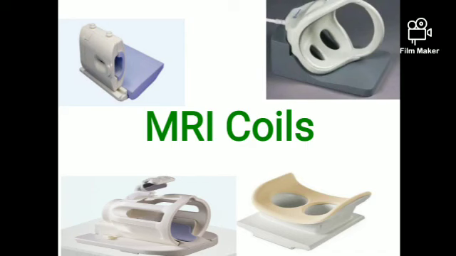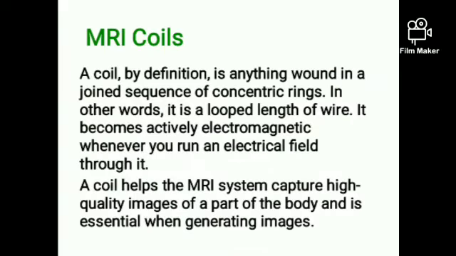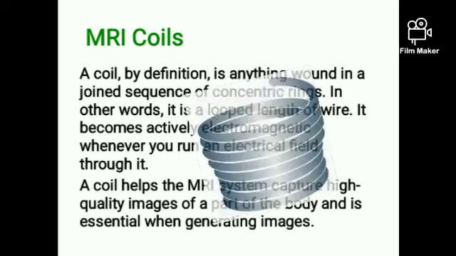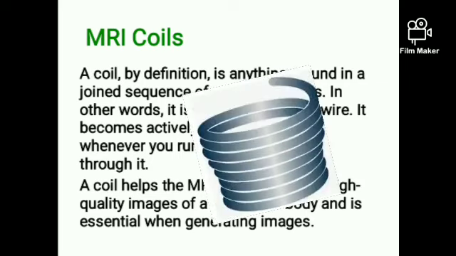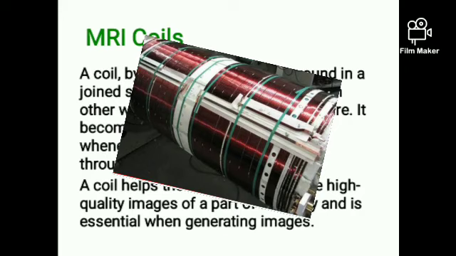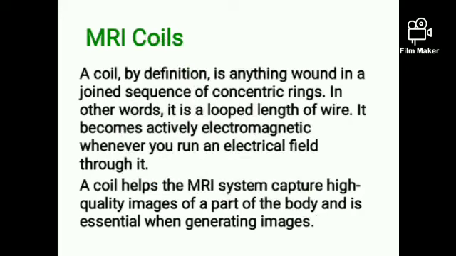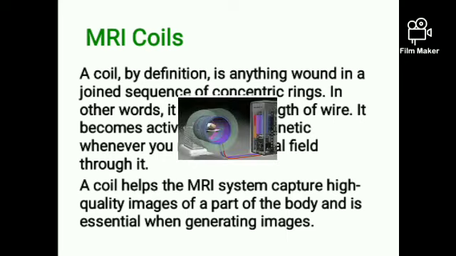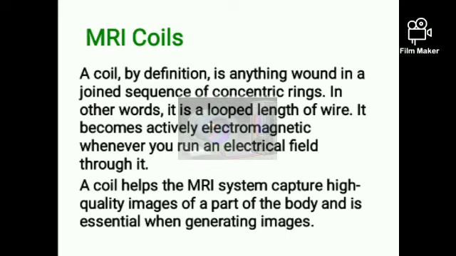What are MRI coils? It is nothing but a loop of ring coil wires carrying the electrical signal, and these coils become actively electromagnetic when you run an electrical current through them.